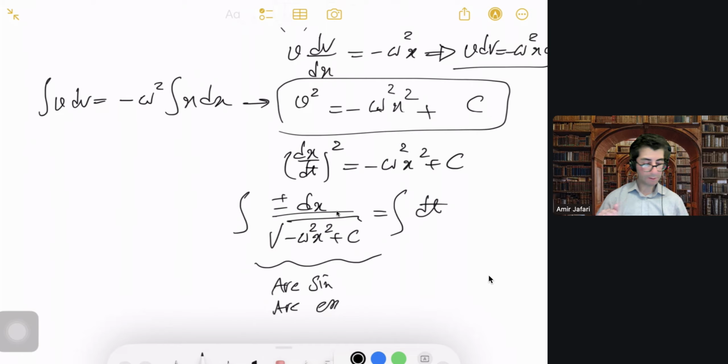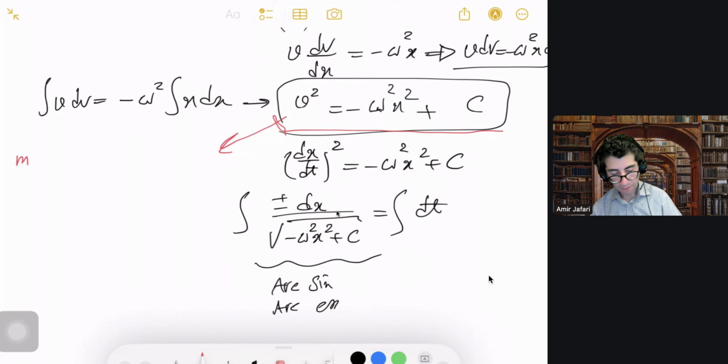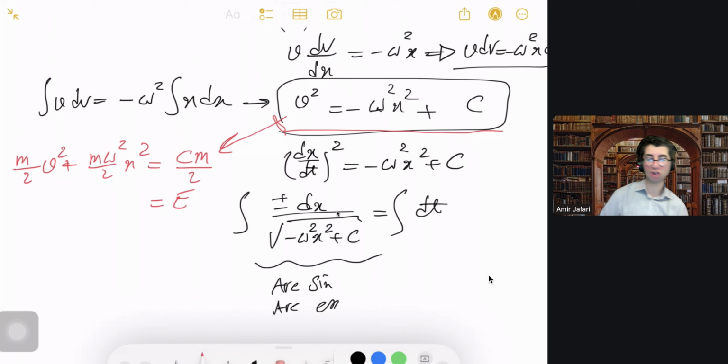But as a physicist, you should also notice that here what you have is basically the relation for the total energy. If you multiply this expression by m/2, the mass of the particle, and then by rearrangement, you get (m/2)v² plus (m/2)ω²x² equals a constant. And this is basically the total energy of the system.